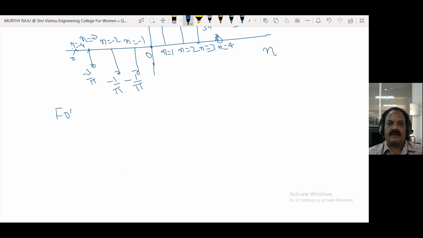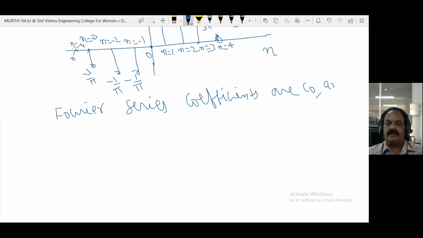The Fourier series coefficients are A naught, An, and Bn.